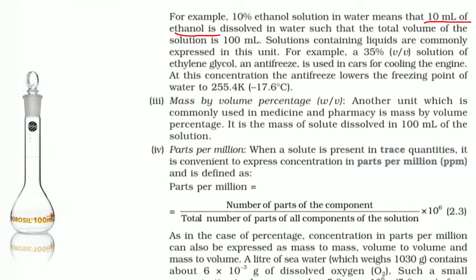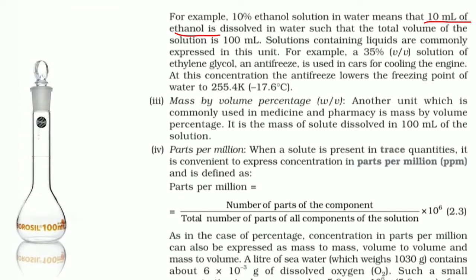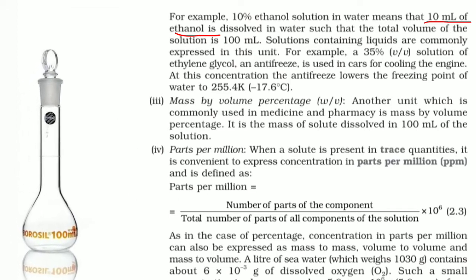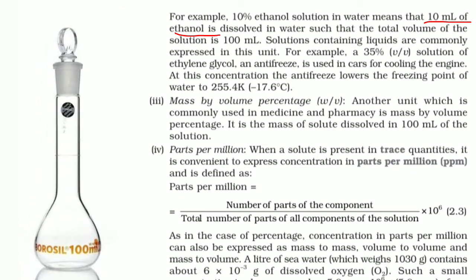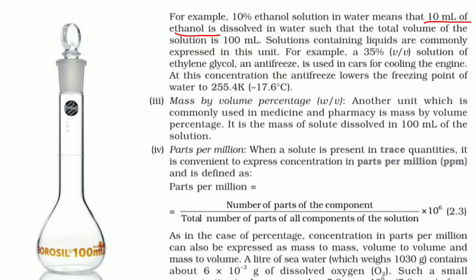So in the volumetric flask technique to prepare a volume percent solution, let's suppose we have to prepare 100 ml of 10% ethanol solution. For that, we first take a 100 ml volumetric flask, then add 10 ml of ethanol inside that flask.